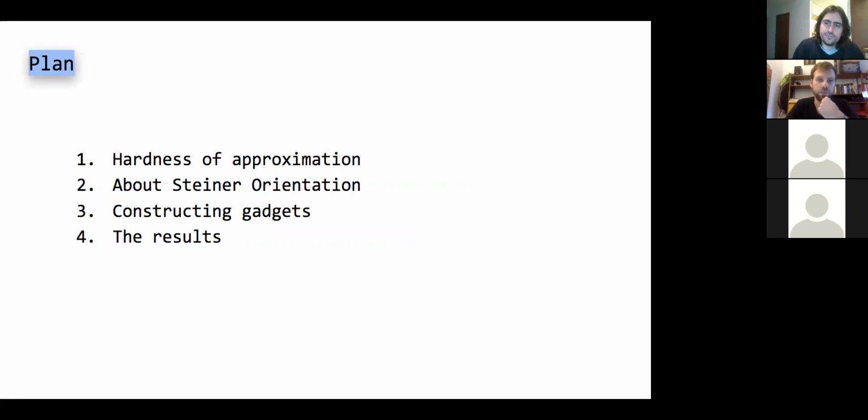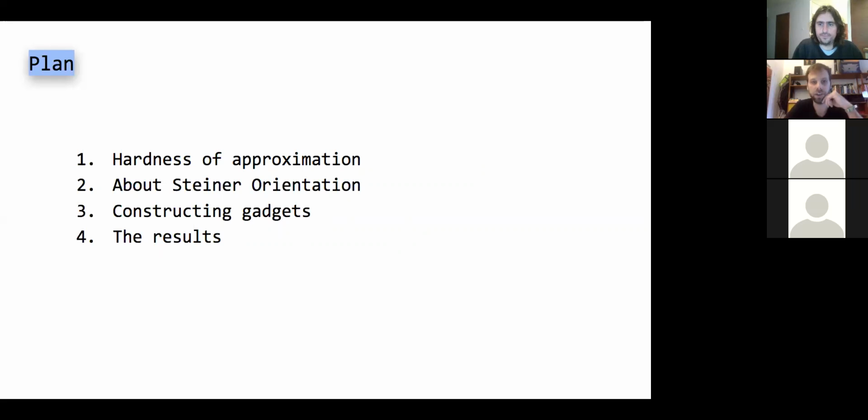So I will begin with an introduction to hardness of approximation and introduce some main ideas and techniques. Later, I will talk about the problem in question. What is it about? What is known? Then I will show how you can nicely make some gadgets with this problem to make some nice self-reductions.